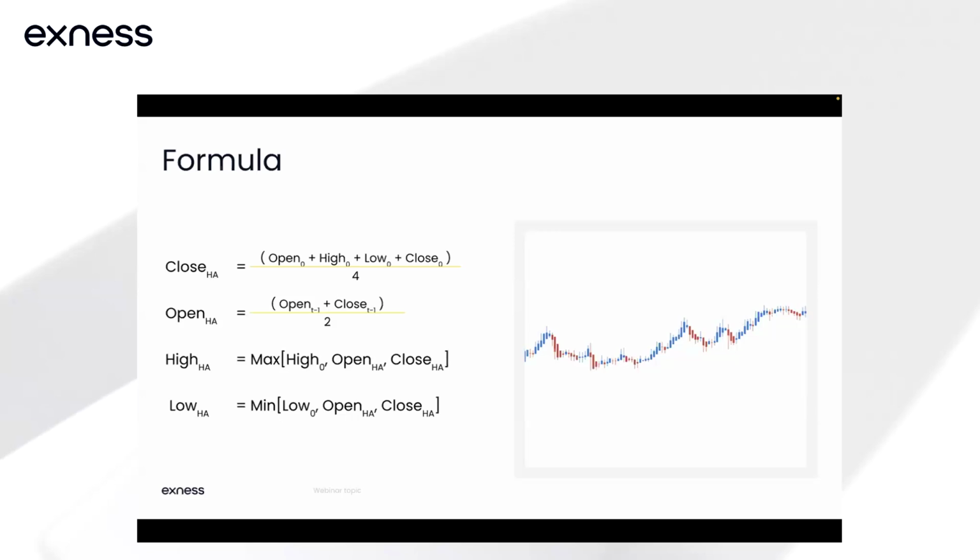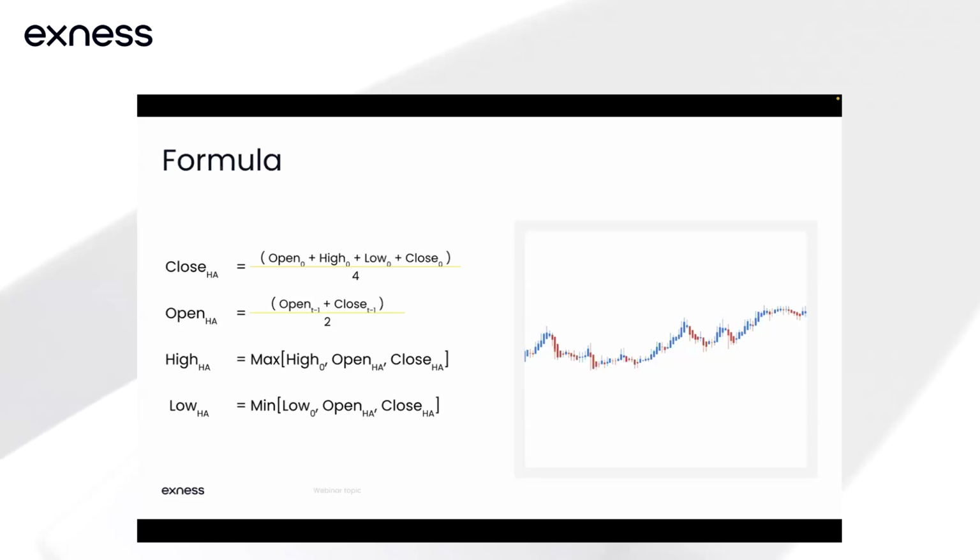This formula is what gives Heikin Ashi its smoothing effect compared to the normal price formula. You are not just reacting to raw price movements, you are filtering them, softening the edges and seeing the trend more clearly.